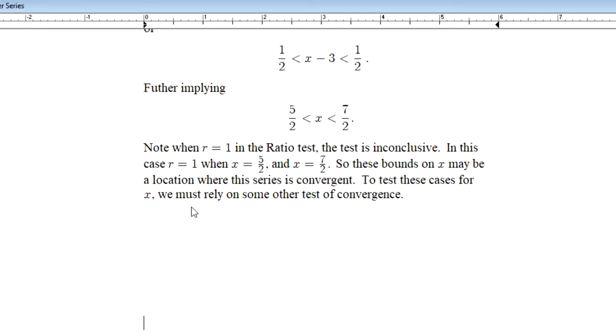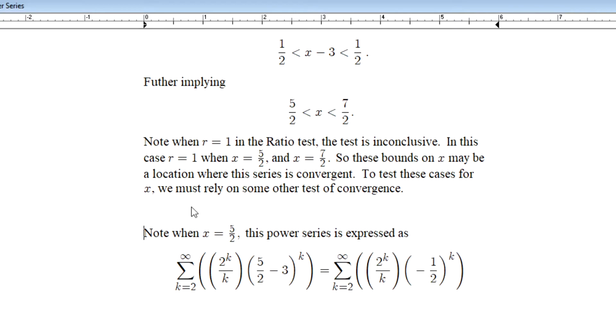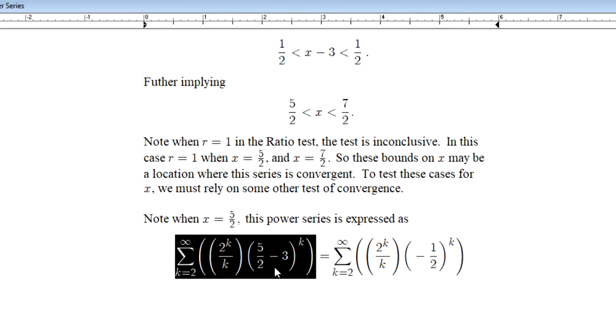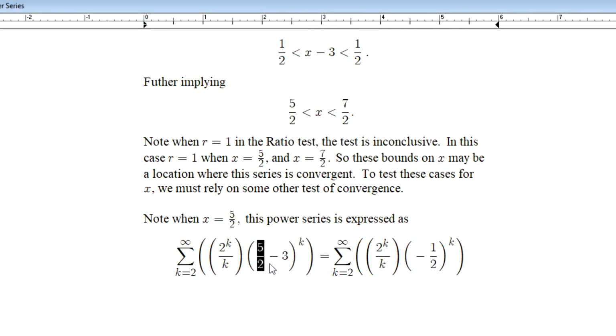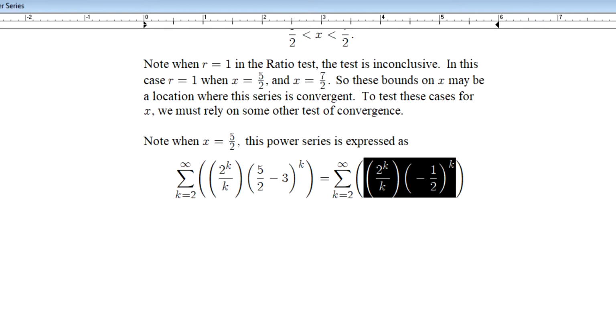So if we take note, if x equals 5/2, the power series is expressed as this series here. Replacing the x with 5/2 would produce this argument, which we could simplify into this here, which you'll notice is an alternating series, right?